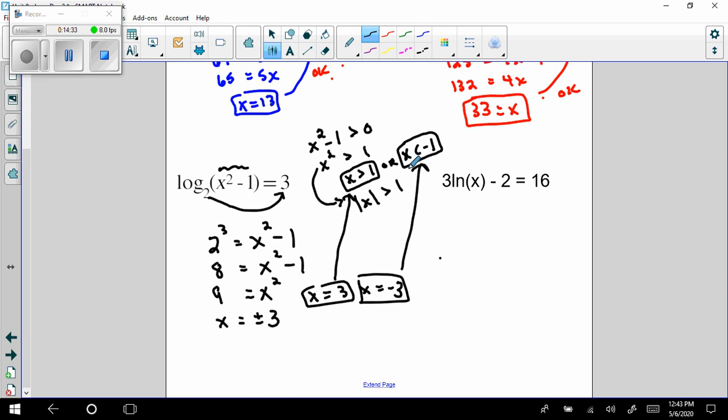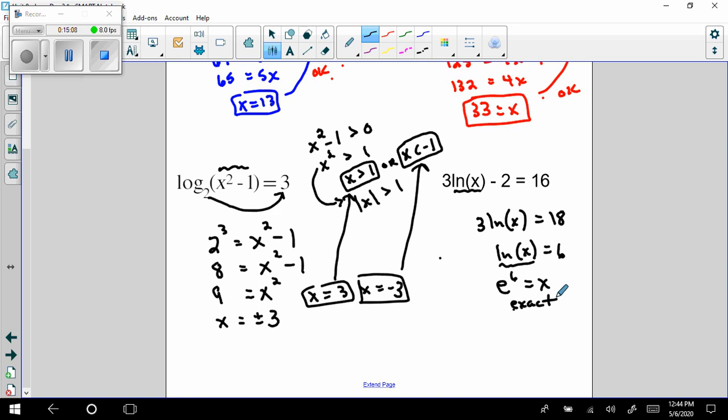Okay, so last one, I need to isolate my natural log. So I'm going to add 2, just like I'm solving an equation, which I am. I need to get rid of the 3, so divide by 3. So now I have it isolated. I can change to exponential. e to the 6th is equal to x, which is the exact answer.